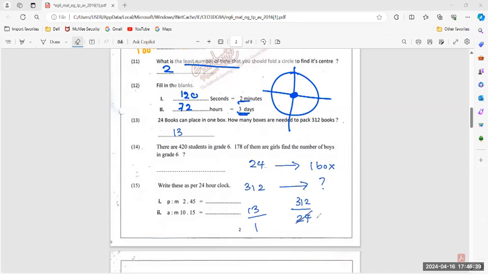So 24 can be divided by 2, then it is 12. 312 can be divided by 2, so it is 156. Then 12 divided by 2 is 6, and 156 divided by 2 is 78, and 78 divided by 6 goes ahead to 13.